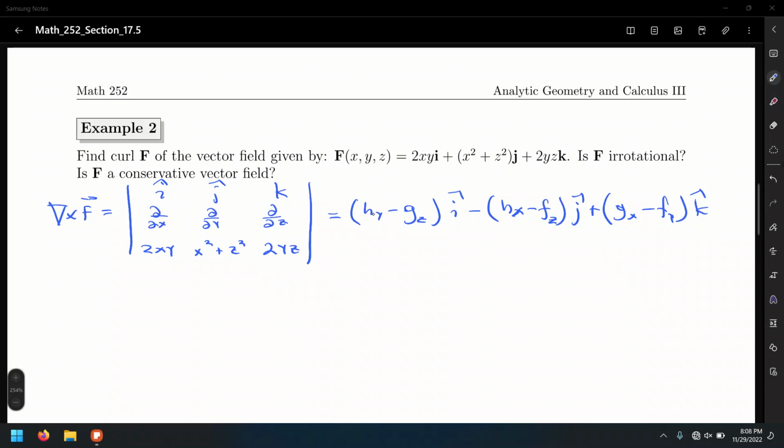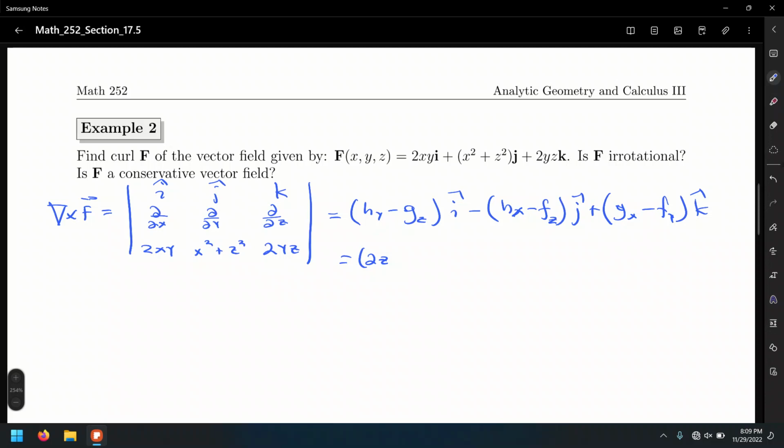Okay, so the partial derivative of h with respect to y, in this case, what's that? 2z. So that's going to be 2z. And the partial of g, in this case, with respect to z, what's that?